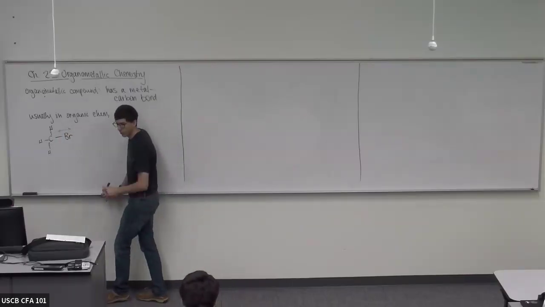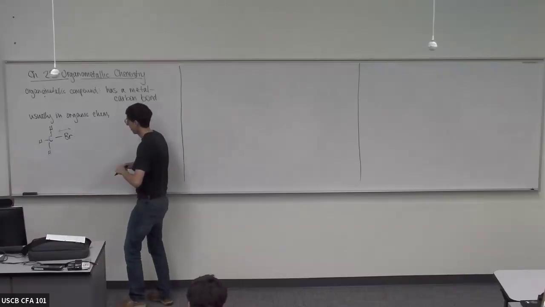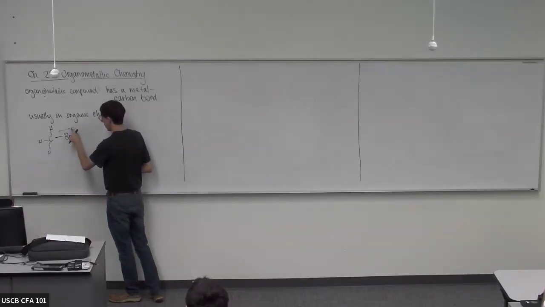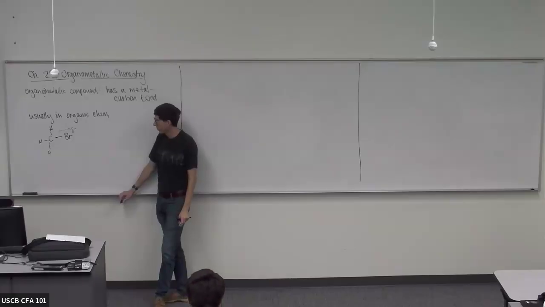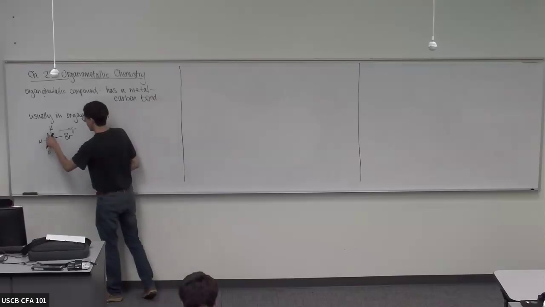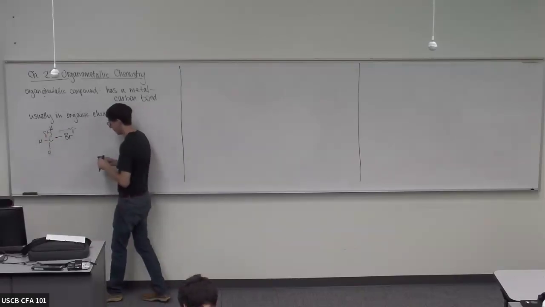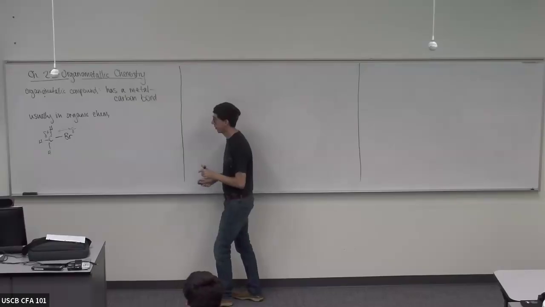It's like that, and so we have a partial negative charge on an atom like bromine and a partial positive charge on carbon.